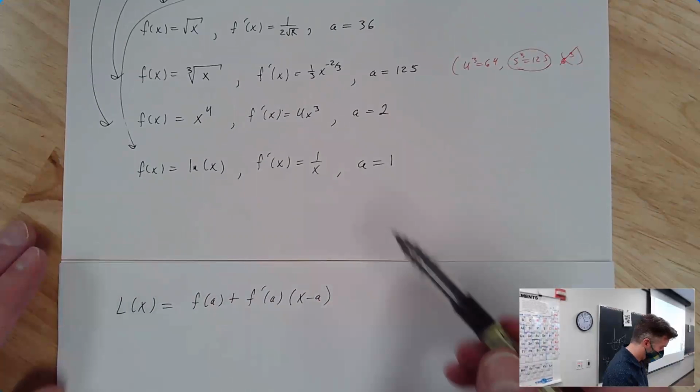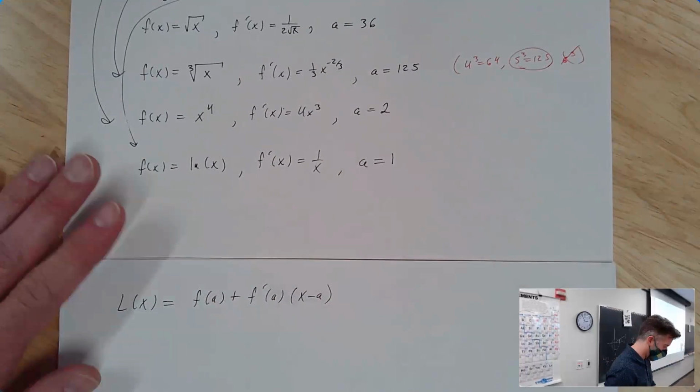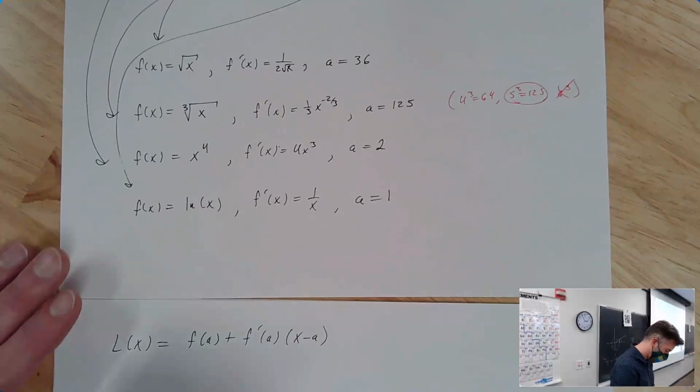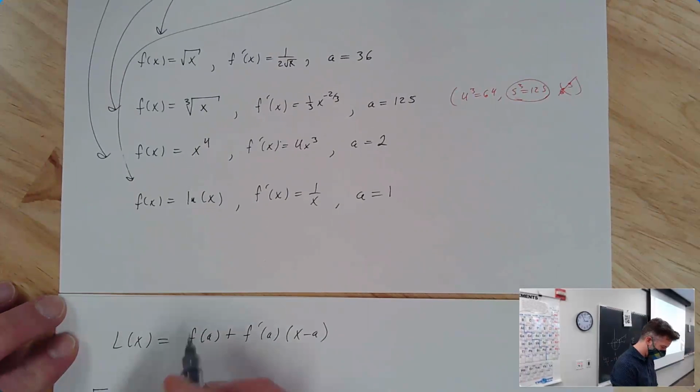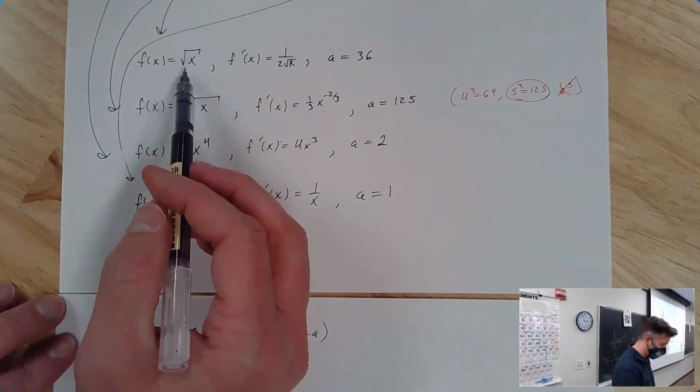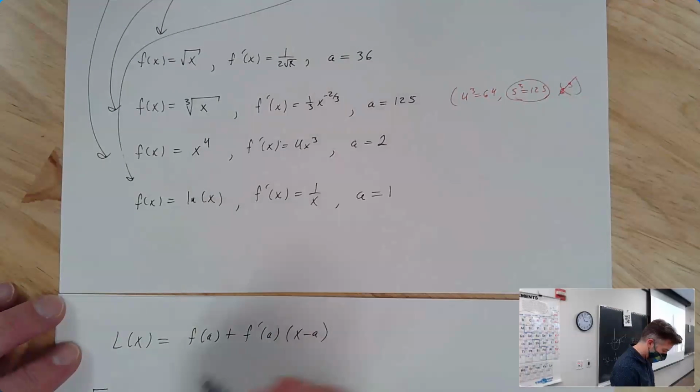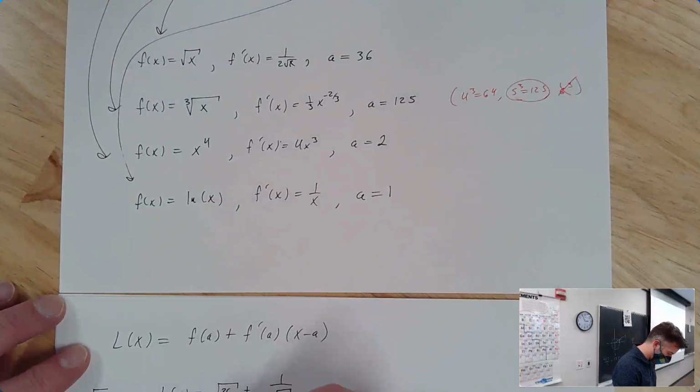So if I wanted to approximate the square root of 35, I would use the linearization of this function, square root of x, at this point 36. So L of x would be f of a, so that's going to be the square root of 36, plus f prime of a, which is 1/2 root 36, times x minus a, which is x minus 36.